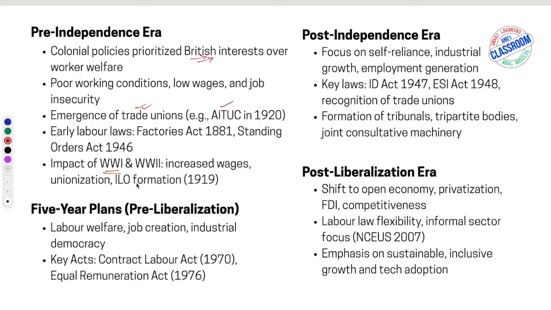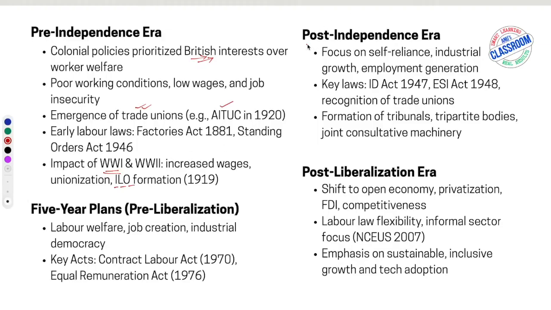At that same time, the Russian Revolution and the formation of the International Labour Organization, ILO, in 1919 stirred up ideas about workers' rights. During World War II, industrialization sped up in India so as to support the British war effort. So employment increased here. But more workers also meant more voices demanding better conditions. That led to stronger trade unions and more organized industrial relations.